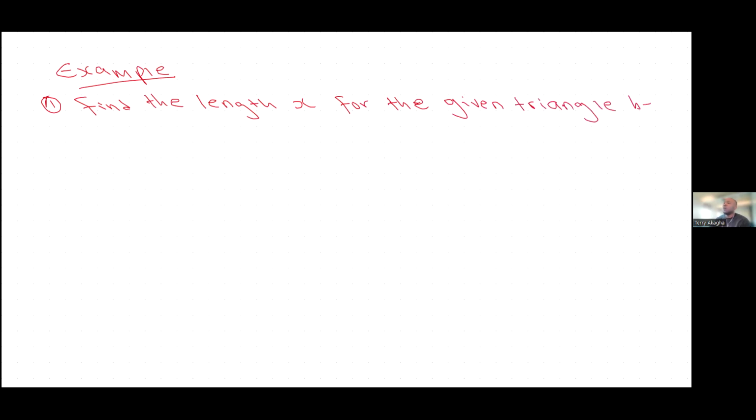So number one, we're told to find the length of x for the triangle below.